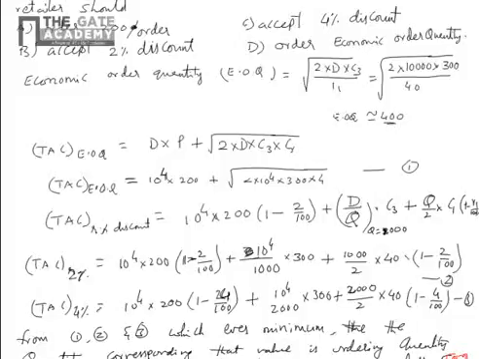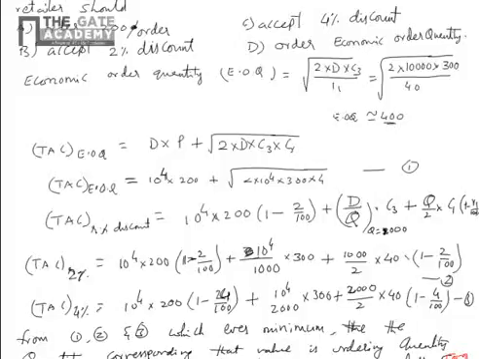We have two different quantities, Q equal to 1000 and Q equal to 2000. For each of those two discount levels, with different ordering quantities, we need to calculate the total annual cost. So finally we will get three equations.